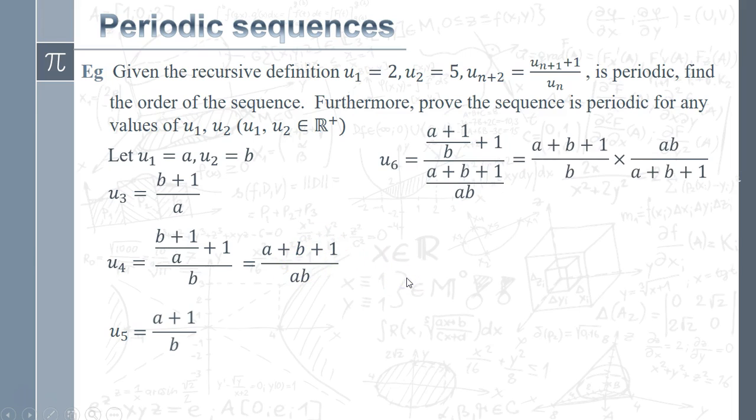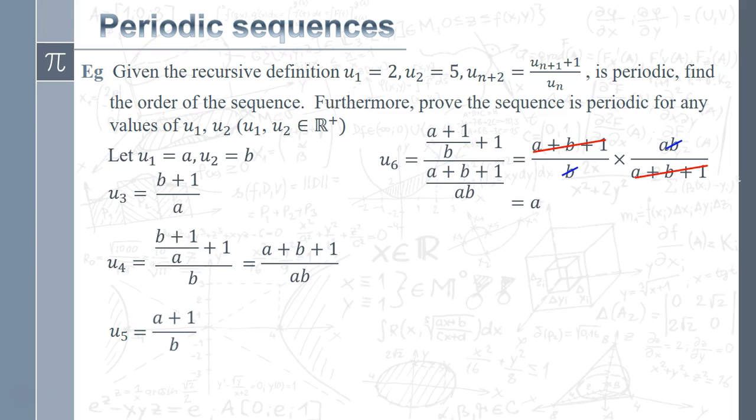Again, do some tidying up, separate the fractions out, do the old keep flip change. You can see straight away some cancelling will happen there, and some b's are going to cancel, and lo and behold, there it is, that's the result we were looking for. The next term is a, so there's the start of our next period, our next repeating sequence.